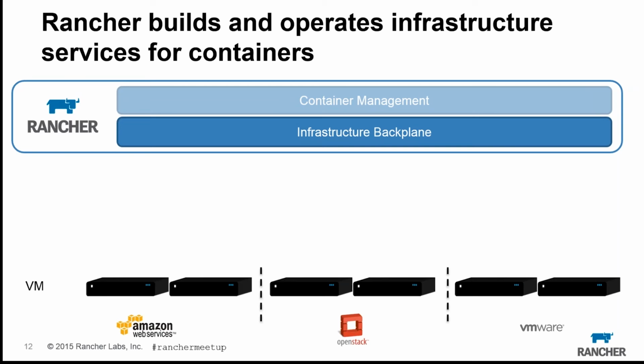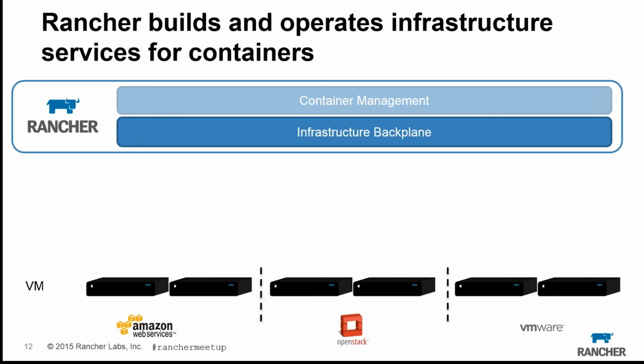And so if you're not familiar with Rancher or deeply familiar with Rancher, Rancher is an open source Docker management platform specifically focused on containers infrastructure. So what we do is really two things. Rancher implements what we call an infrastructure backplane. An infrastructure backplane is a set of container infrastructure functionality that runs anywhere you can run Docker.